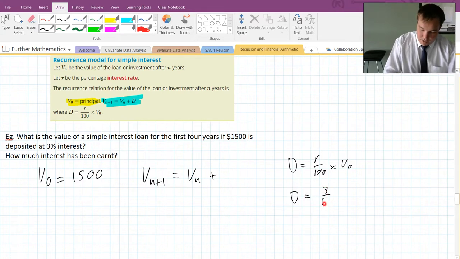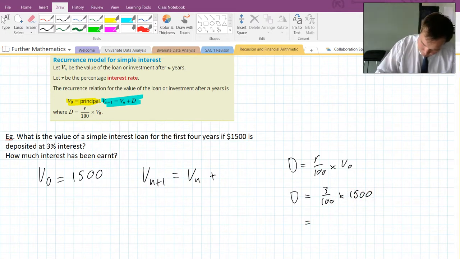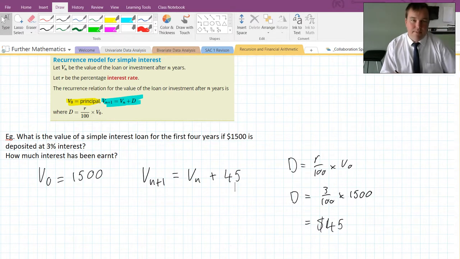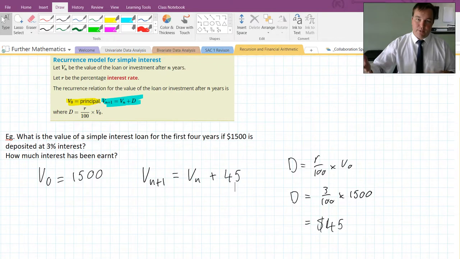So it's 3 on 100 times 1,500, which comes to $45. Alright. So the recurrence relation is Vn plus 45. Now what that means is that each year $45 interest is charged onto the simple interest loan.